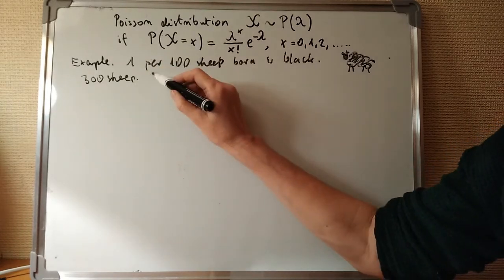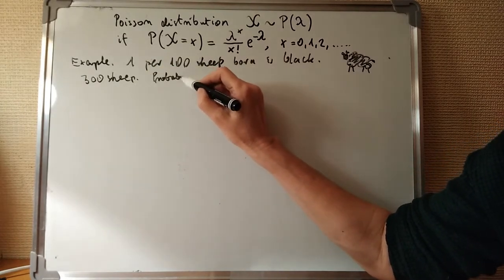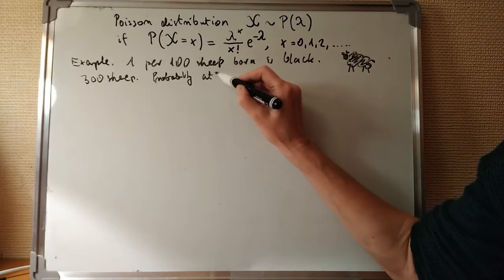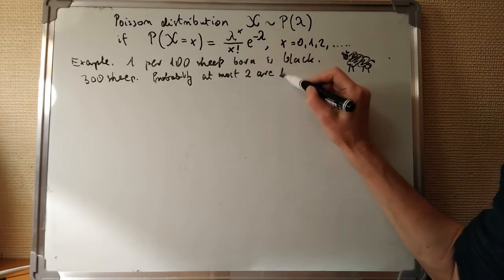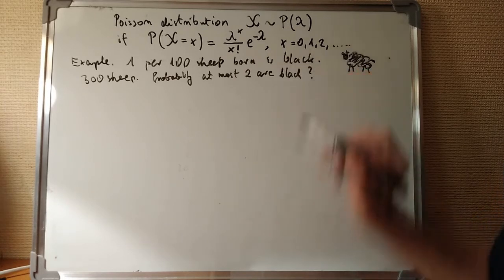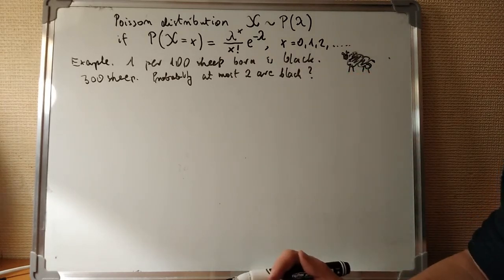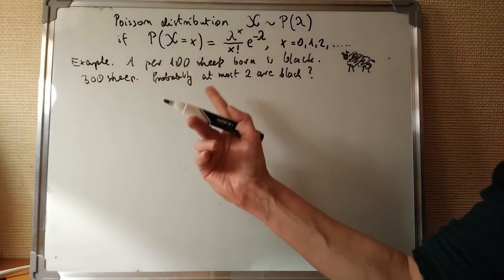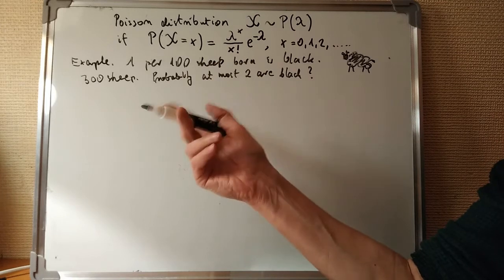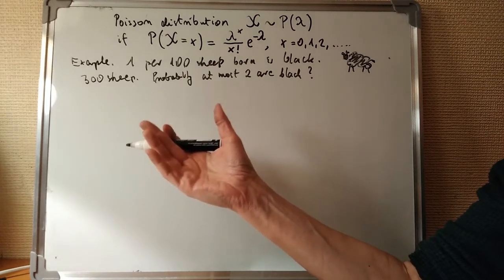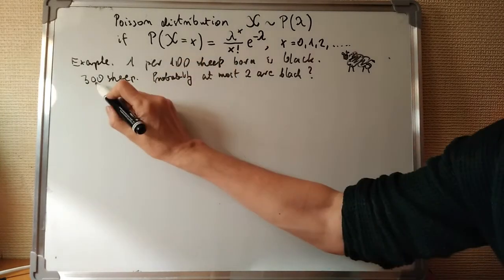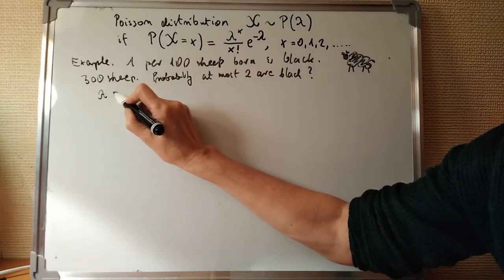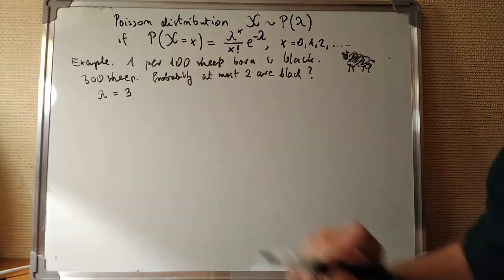We want to know the probability that at most 2 are black. How many black sheep do we expect? If 1 out of 100 are black, then in the group of 300 sheep we expect 3 black sheep. So our expected value lambda is 3.